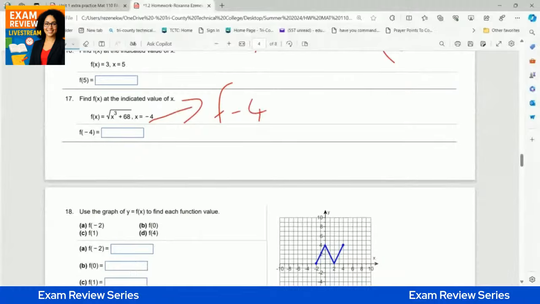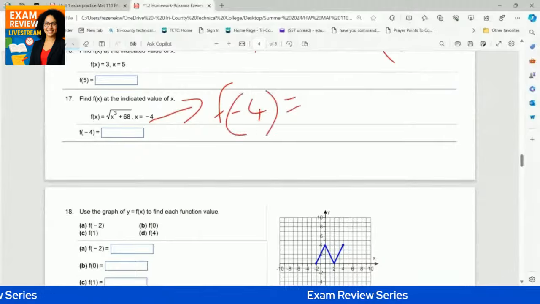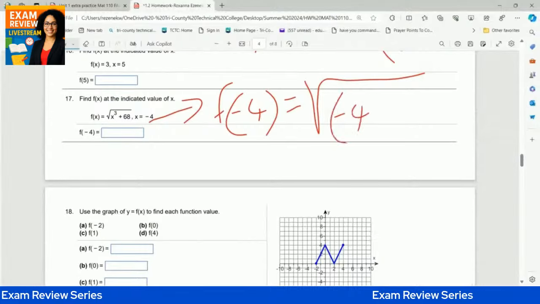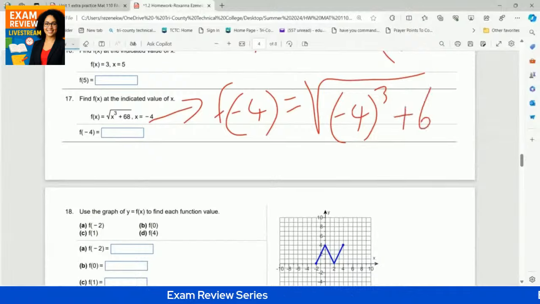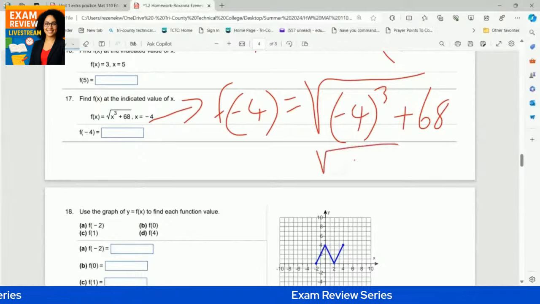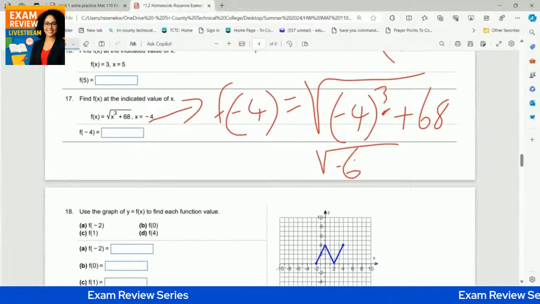So f of negative 4 is equal to radical, x is here, so I'm going to put negative 4 there, to power 3 plus 68. And I know that negative 4 times negative 4 is 16. 16 times negative 4 is negative 64. So I have square root of negative 64, because remember, this is cubic.